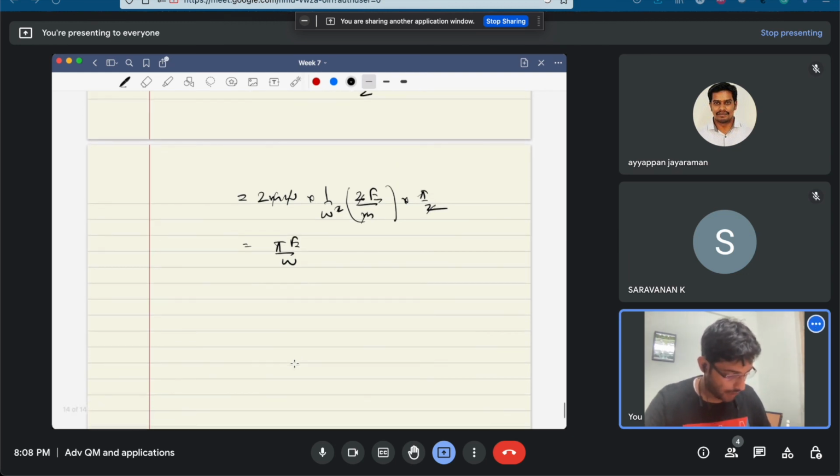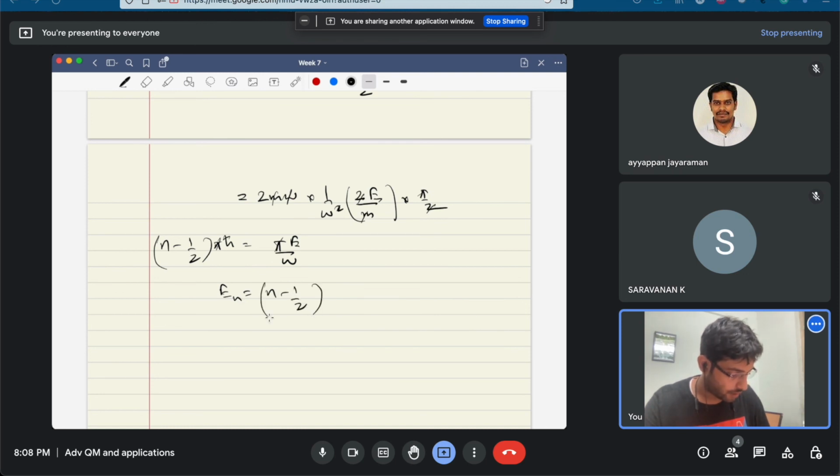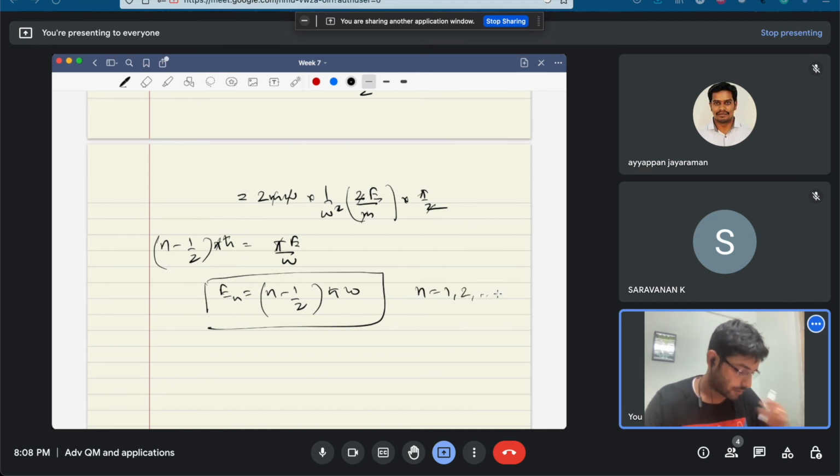Okay, and on the other side you had (n minus half) pi h bar, so your pi gets cancelled out. What you essentially get is E = (n minus half) h bar omega, and for this case n goes from 1 to infinity.